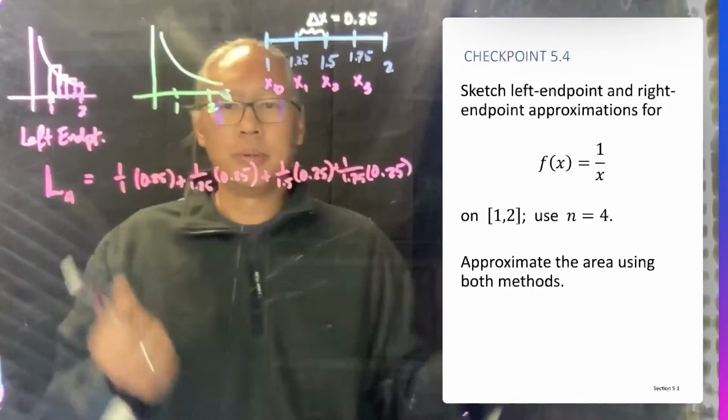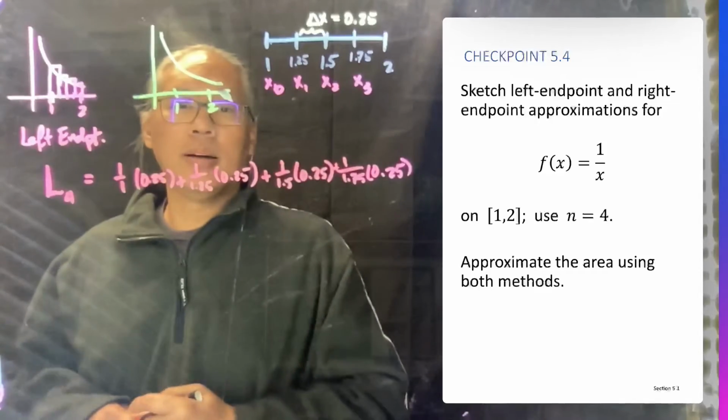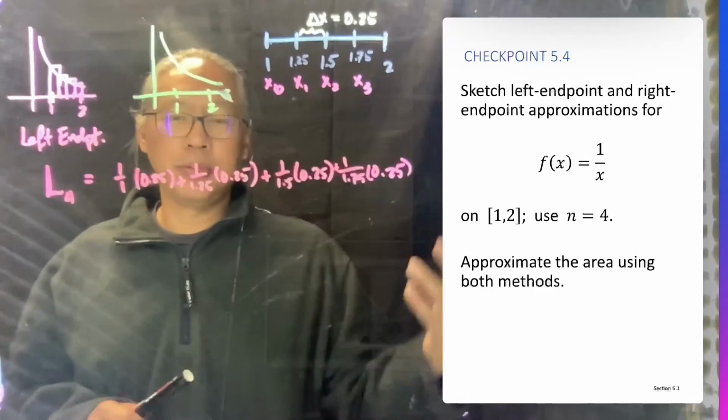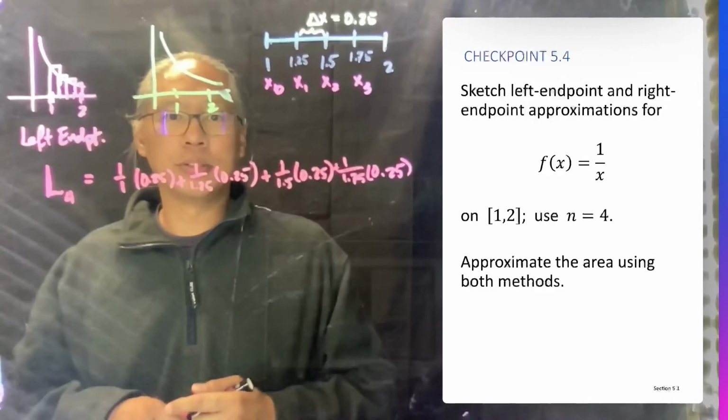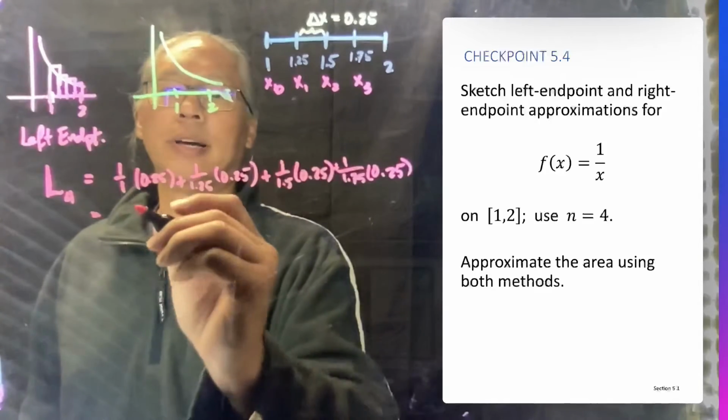Okay, so we can write this in a bunch of different ways. This is probably the most long-winded way of writing it. We can think about factoring out a 0.25. The delta x can be factored out, so we're just adding up a whole bunch of those things. So let me show you that.